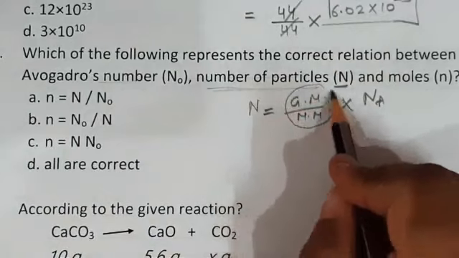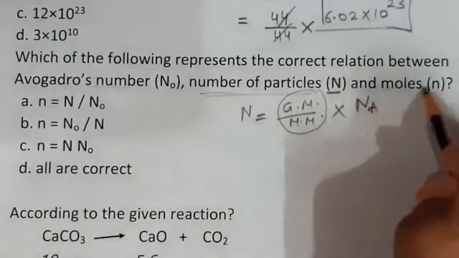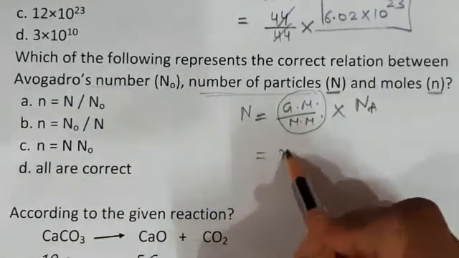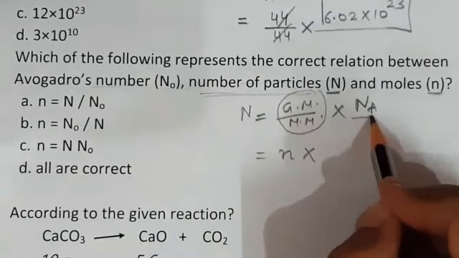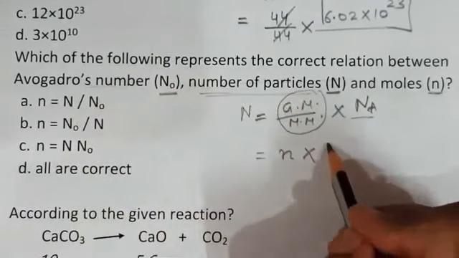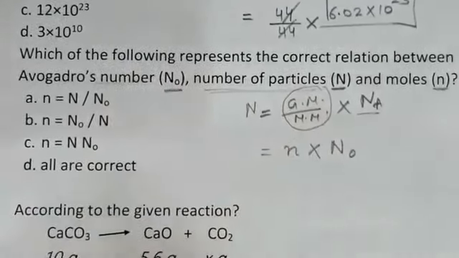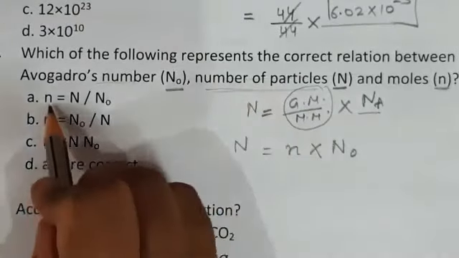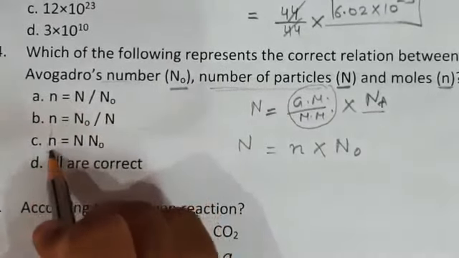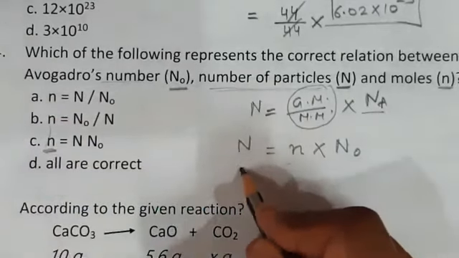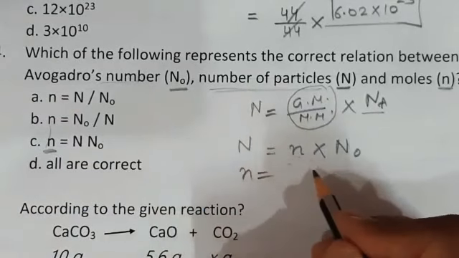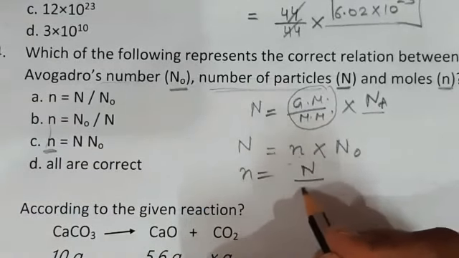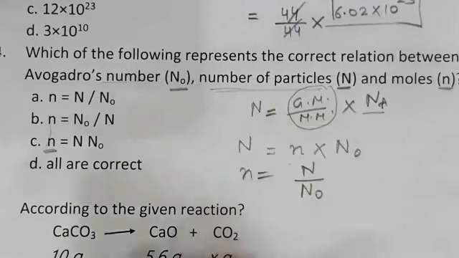Number of particles, that is capital N, is equal to given mass divided by molar mass into Avogadro's number. What is given mass upon molar mass? It is number of moles, and number of moles is represented as small n into Avogadro's number. Avogadro's number is represented as N0 according to the question.